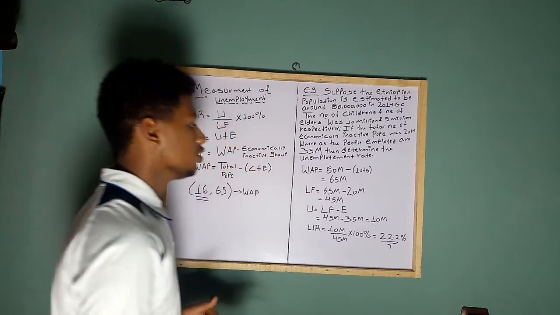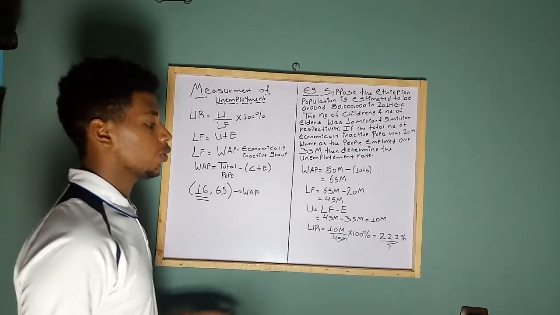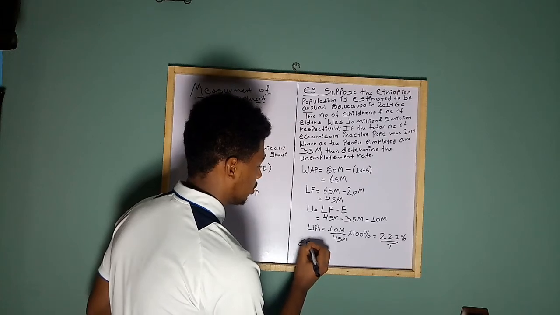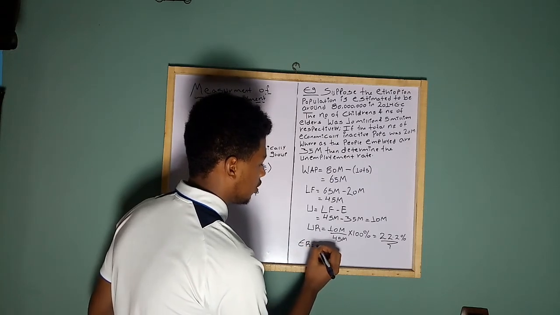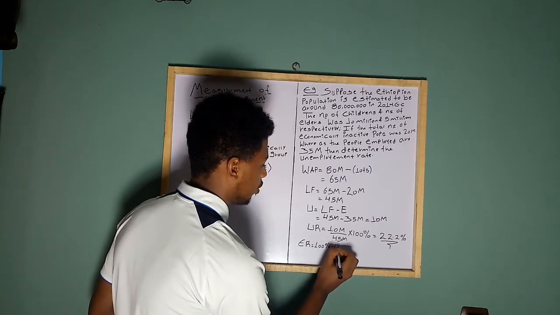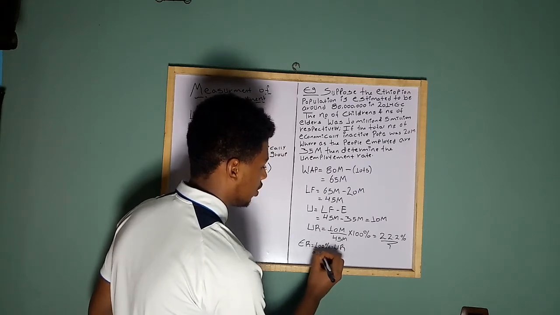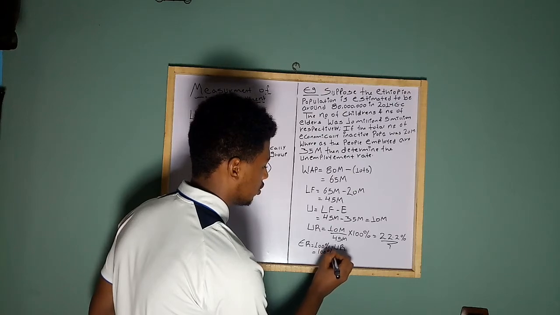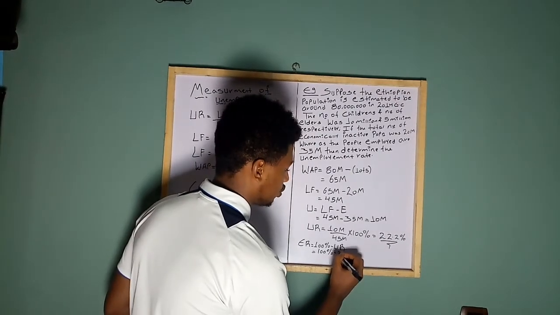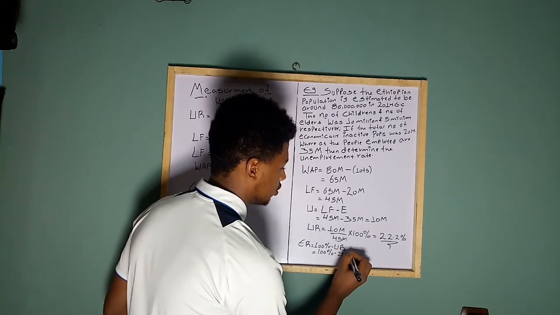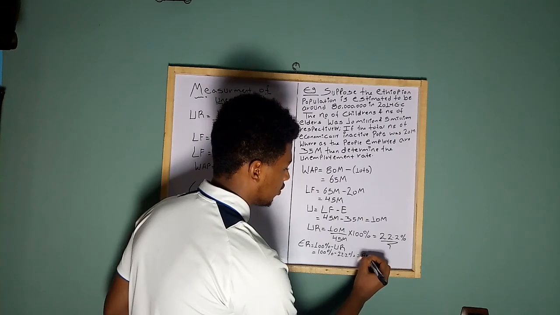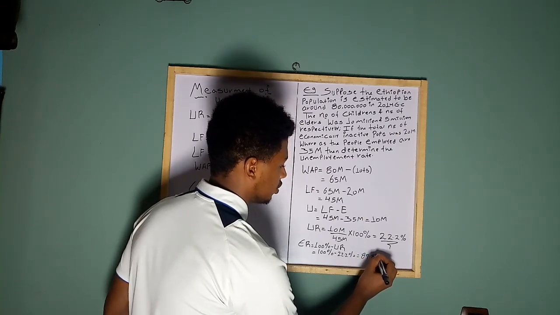This is the solution. We can also calculate the employment rate. Employment rate is 100% minus the unemployment rate. Therefore, it's 100%, or the full 1, minus 22.2%. Therefore, the result would be around 77.8%.